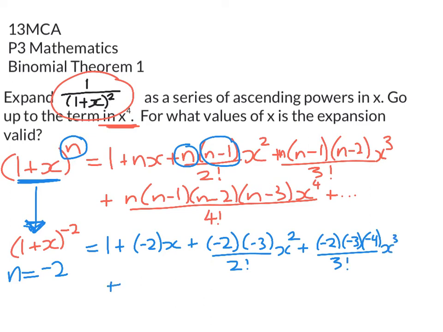And the last one here, because we're asked to go to the term in x to the power of 4, is negative 2 times negative 3 times negative 4 times negative 5 x to the power of 4 divided by 4 factorial. Now I've just done that to make you do one like that. Typically we're interested in a quadratic approximation or maybe a cubic approximation, but it's good to get in the habit of writing out all of those coefficients.